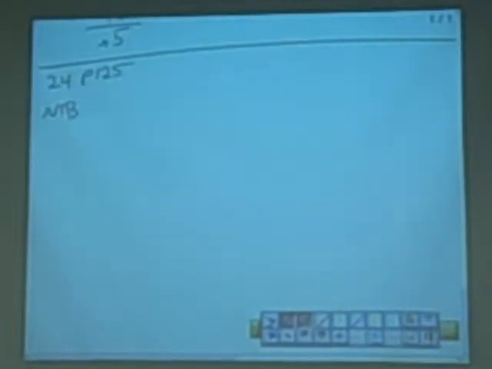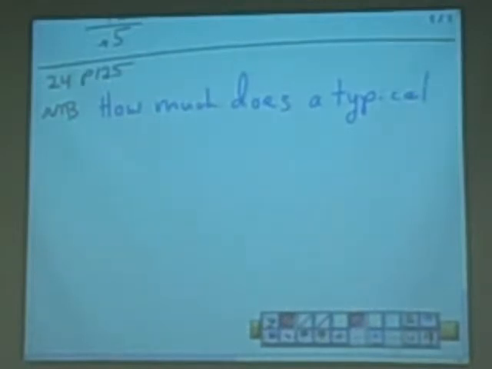And the problem states how much does a typical household spend in transportation?